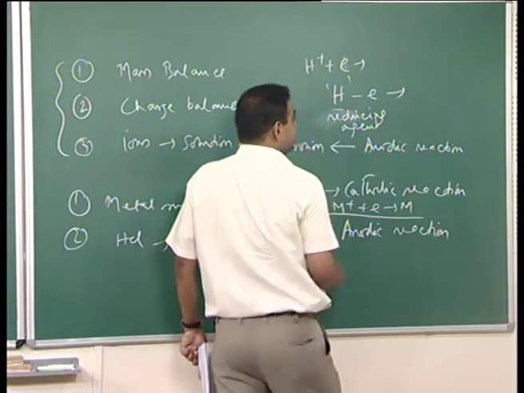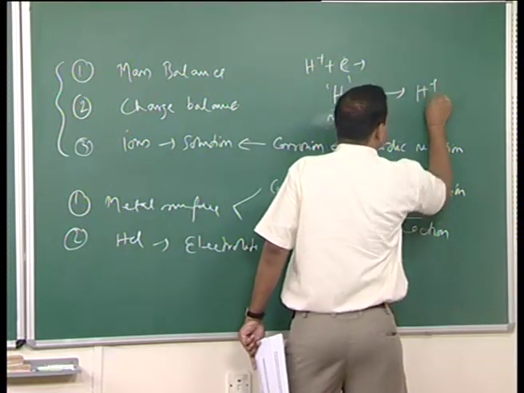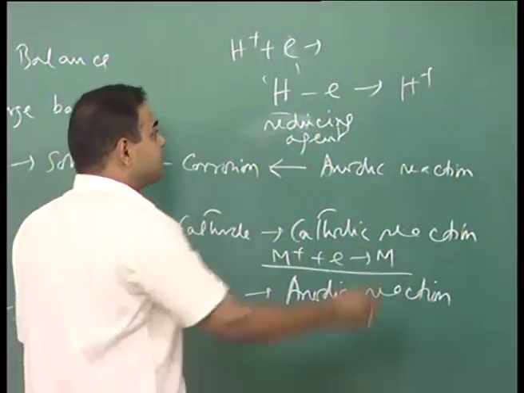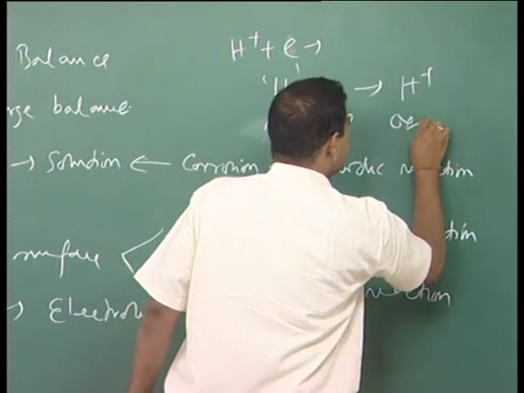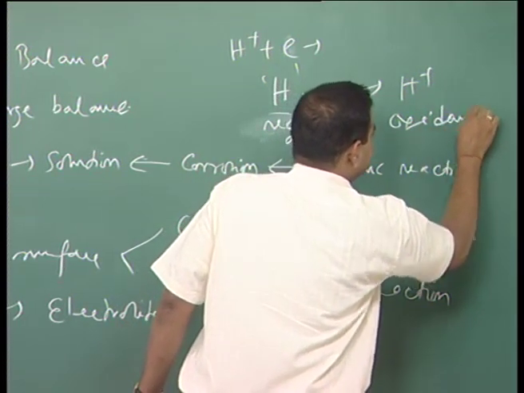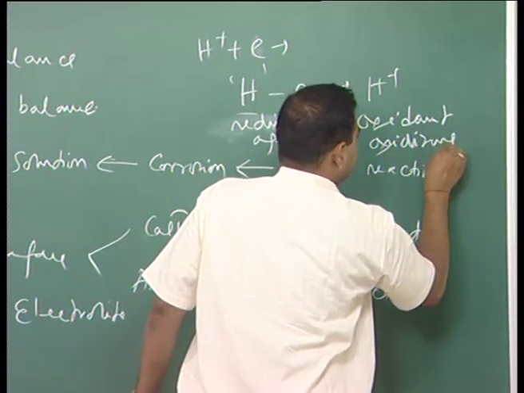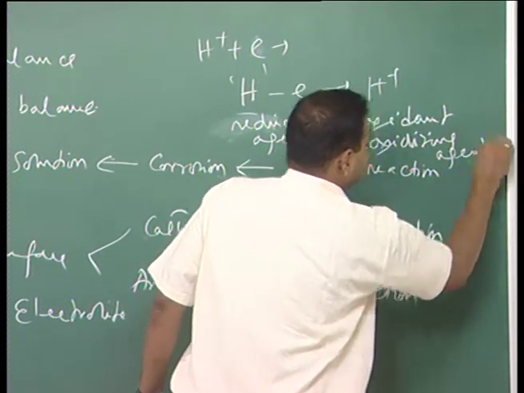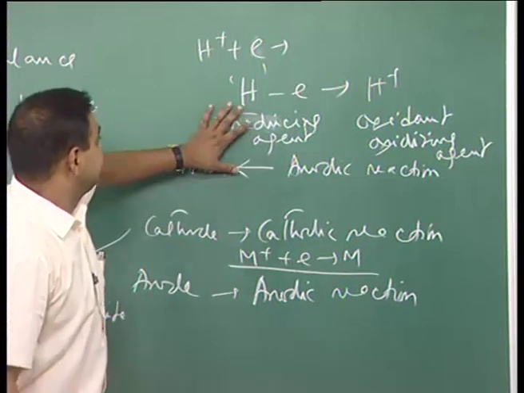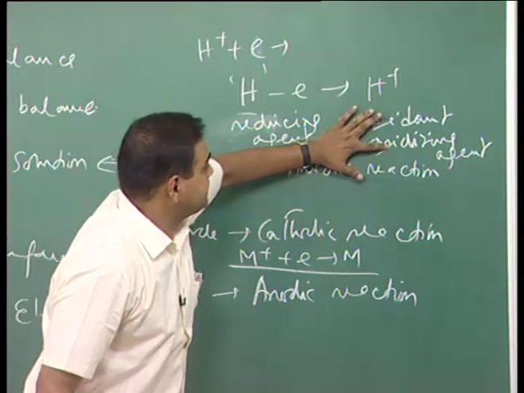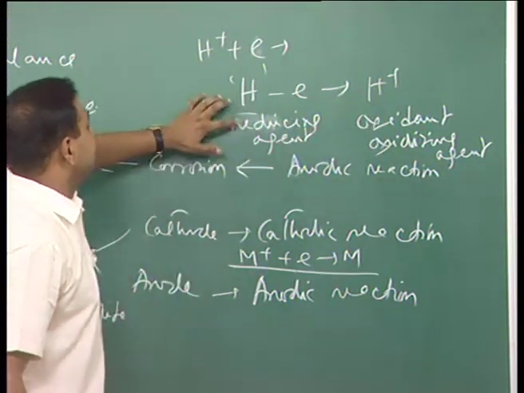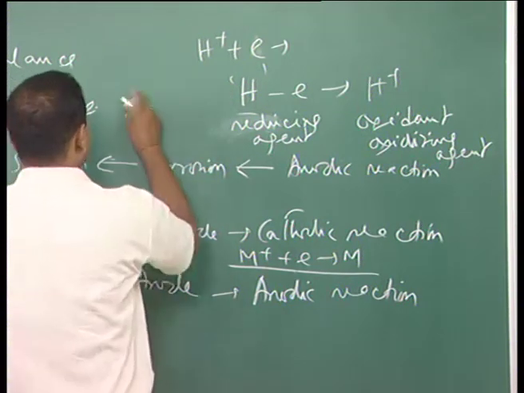If it leaves electron, what species would form? H plus. So H plus is the oxidant or oxidizing agent. Fine. That means this is reducing agent, this is oxidizing agent or oxidant, or this is called reductant.